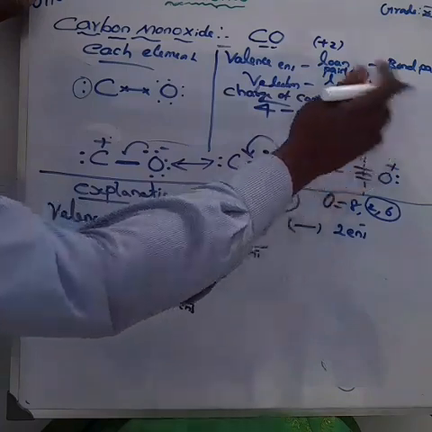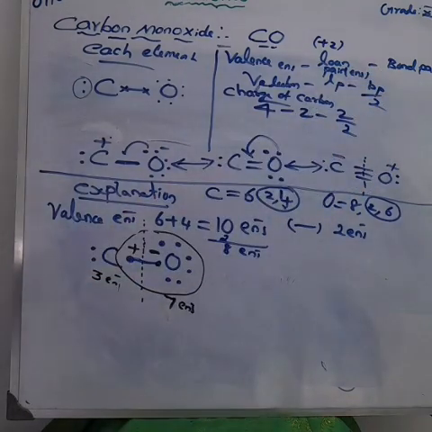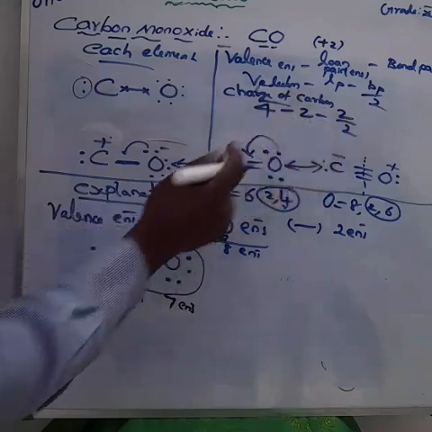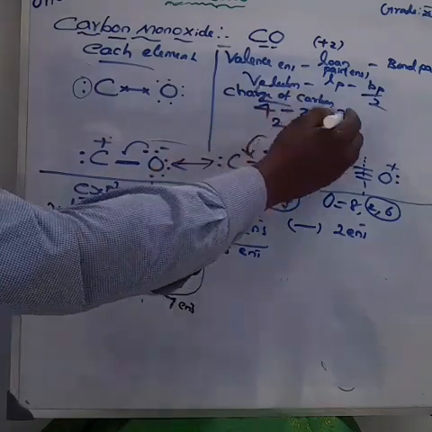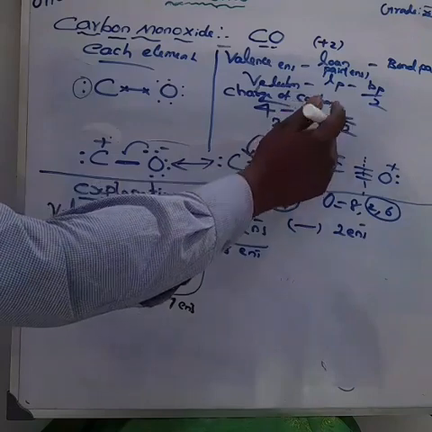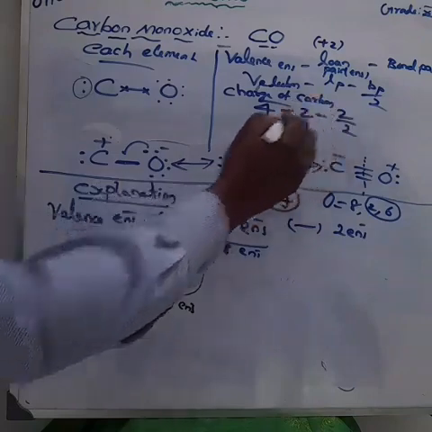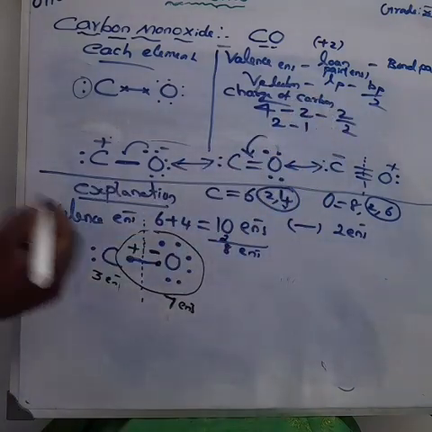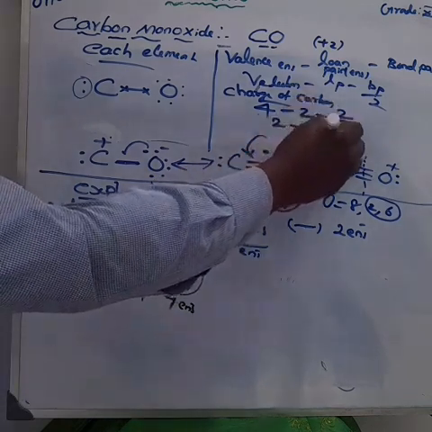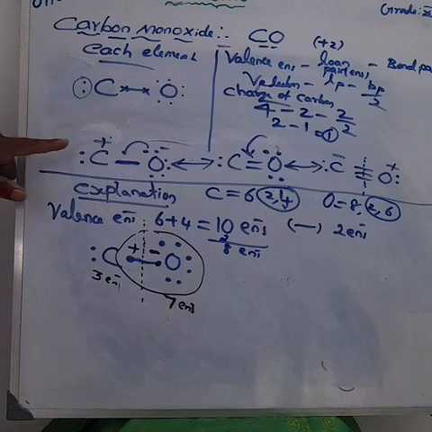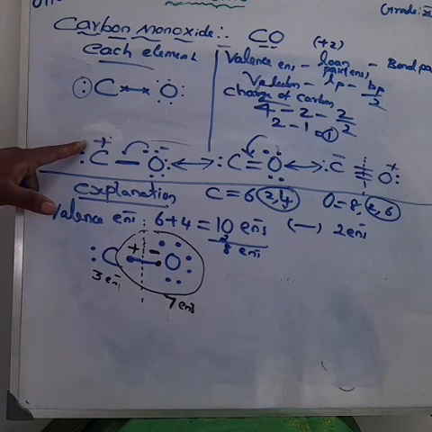So what is our answer? 4 minus 2 gives 2, minus 2 by 2, which is 1. So 2 minus 1 is equal to 1. What is the answer for carbon? Plus 1. So you have a plus charge.